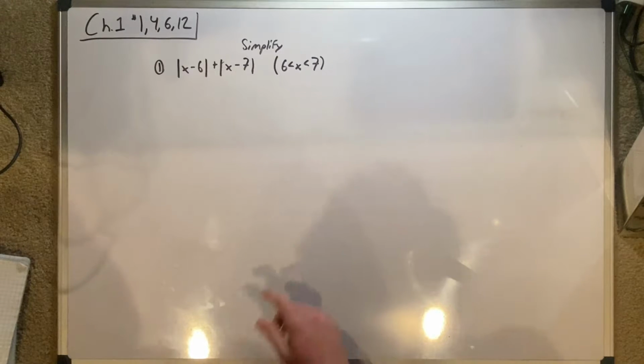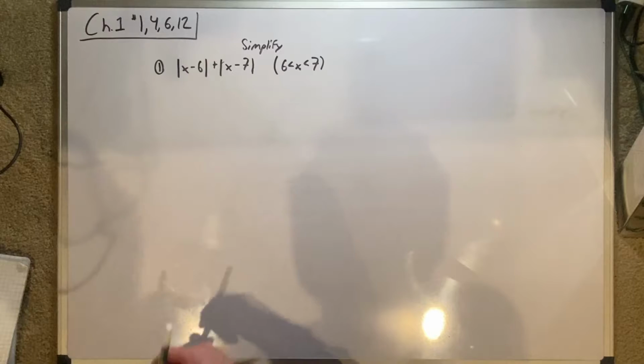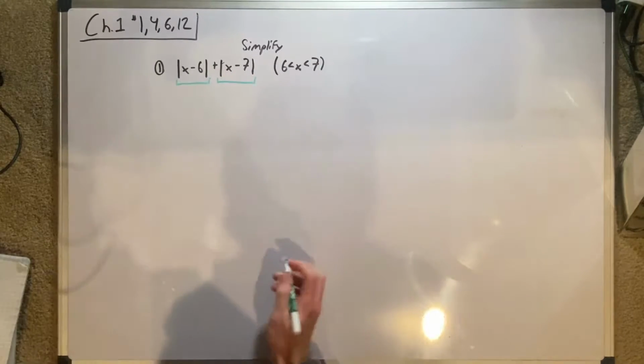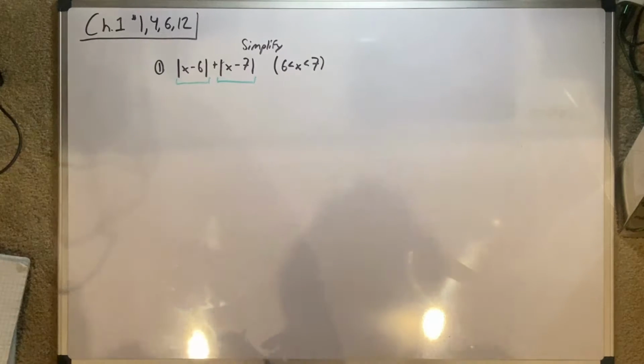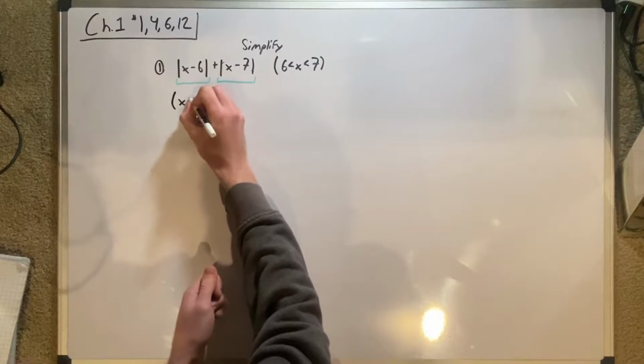So, any number we plug in for this part of it here, I'm going to split this up into its two parts. Any number we plug in here, because it's going to be greater than 6, we'll leave it as positive inside the thing. So we know that we can technically just take away those absolute values.